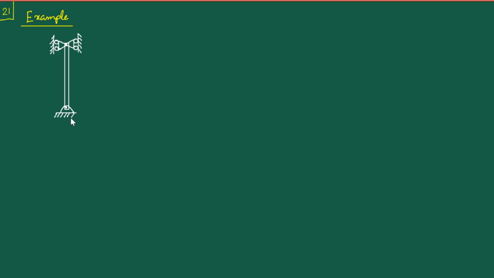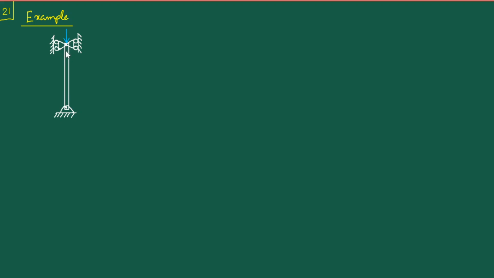Anyway, when we apply a vertically downward load, a force like this, it is of course going to compress, and because we have these kinds of rollers here, it can actually compress.